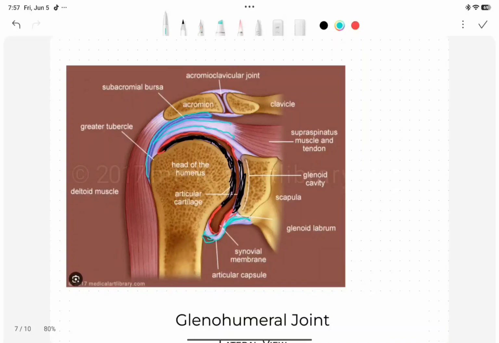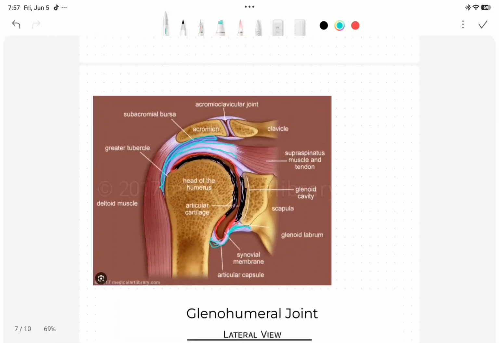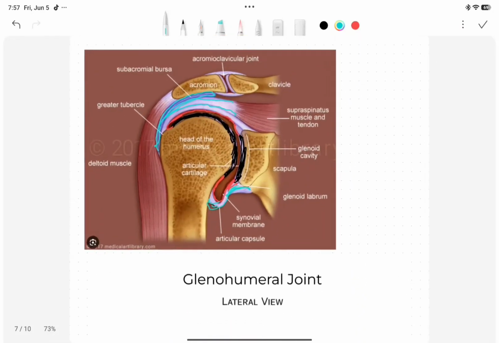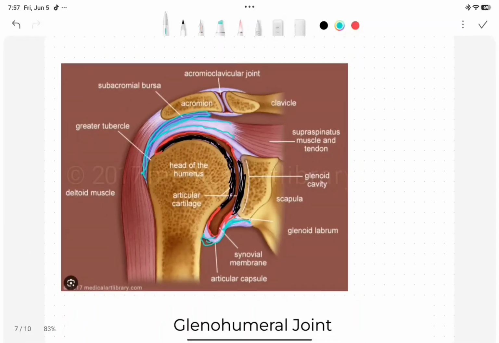Bursae are specialized structures that help to reduce friction during the movement of the shoulder joint. It is just below the acromion, so it is known as the subacromial bursa. And just below the deltoid muscle, there is another bursa called the subdeltoid bursa. And this is the greater tubercle.